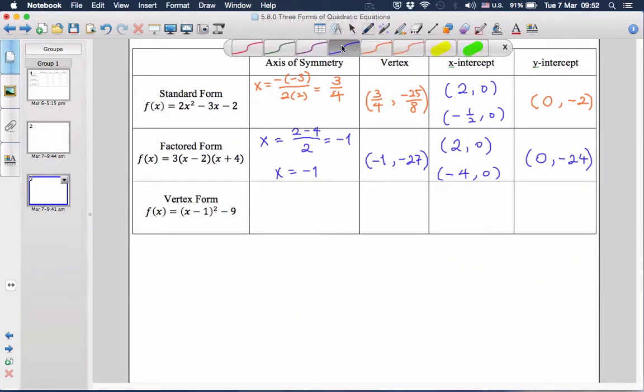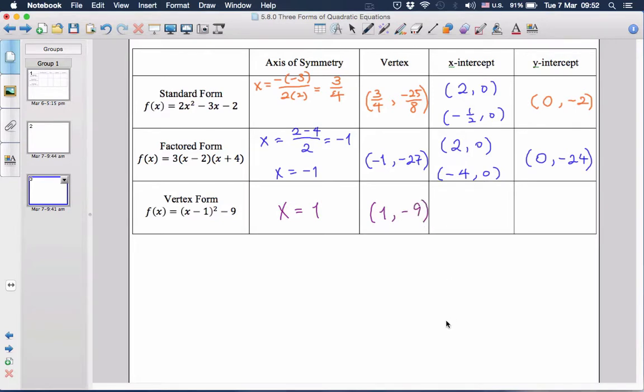Okay. The last one is the vertex form. And of course, the easiest things to find are the axis of symmetry and the vertex. Axis of symmetry would be x equals h, and the vertex would be h comma k. Perfect. And then x-intercepts, let's use your strategy because I think that's the most efficient.